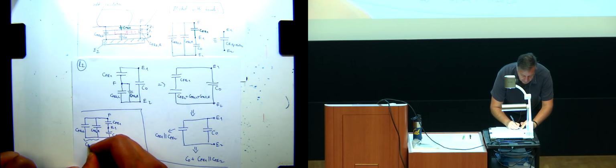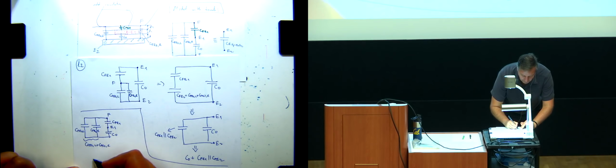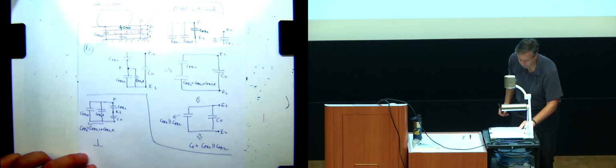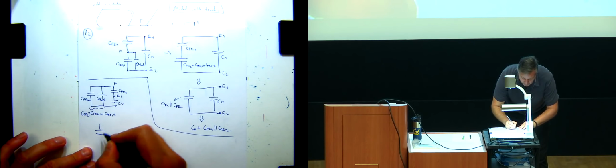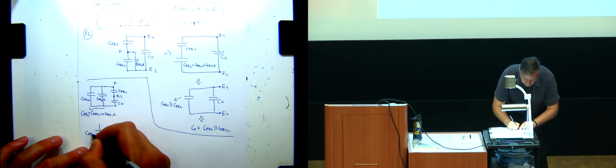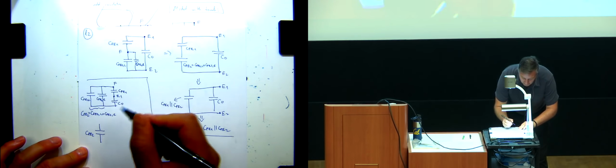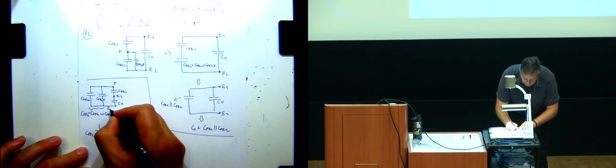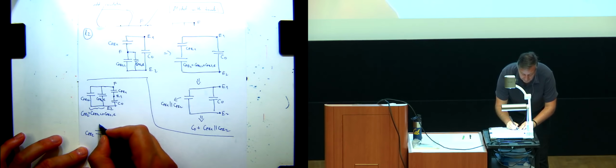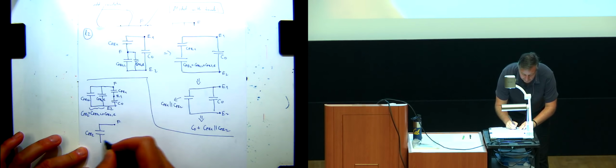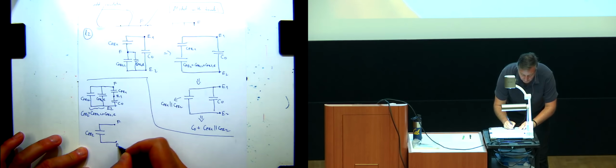So this is CF E2L plus CF E2R. And so now let's call that again CF E2. Again, okay, this is electrode E2. So that is still between electrode F and electrode E2.